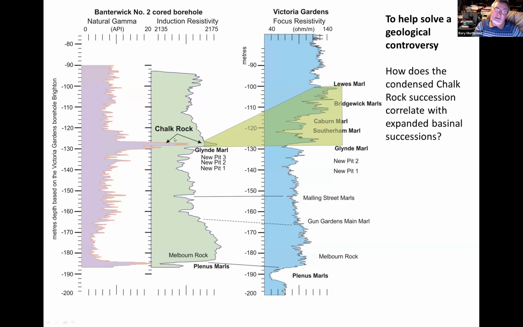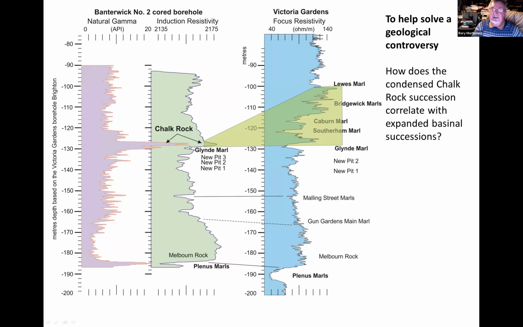We also use the geophysics to help us work out what's going on laterally in the chalk. In areas of the Chiltern Hills, for example, where we have the chalk rock, you get a highly condensed succession of chalk with hard grounds. As you come into the North and South Downs, however, further south, that little unit there expands up into this unit here with lots of different marker beds.